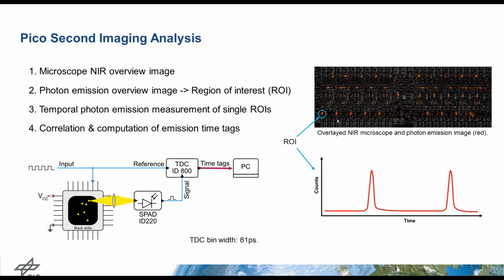Depending on how long the cycle is that you're looking at, you can do the correlation in the TDC, or, as we had to do for this kind of measurement, we stream the time tags of the reference and the received photon signal to the PC and do the correlation later. As you can see here is the TDC. We use the ID800. This one is no longer available, but the ID900 works in the same way, and it's maybe a little bit better, especially when we talk about time resolution.